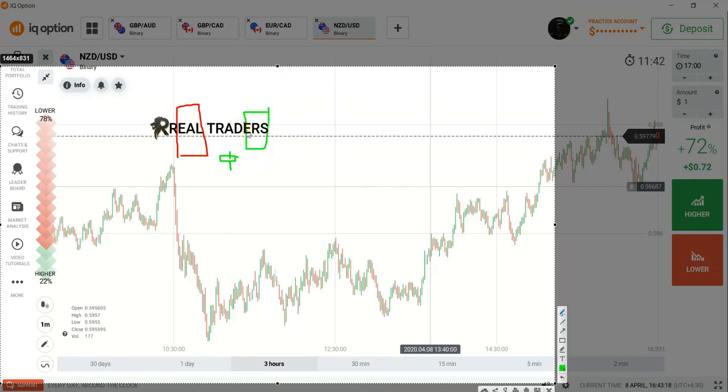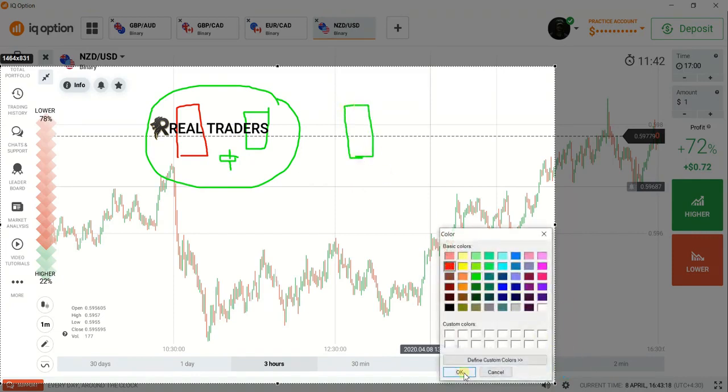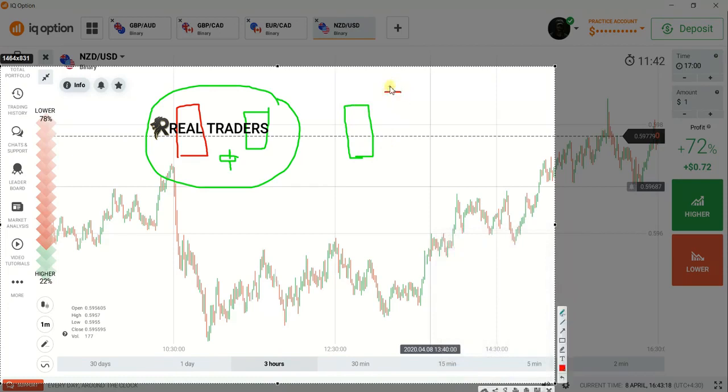This is a morning star pattern. You can see here a spinning top or a doji candle, and again buyers. So this is the morning star pattern, and this is the evening star pattern.